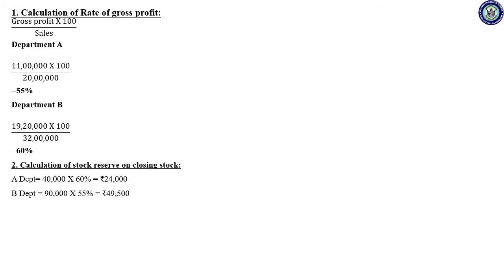And for department B, A will transfer the goods. So we take the percentage of department A, and the 90,000 is given in the problem.